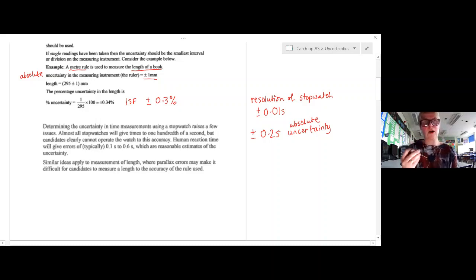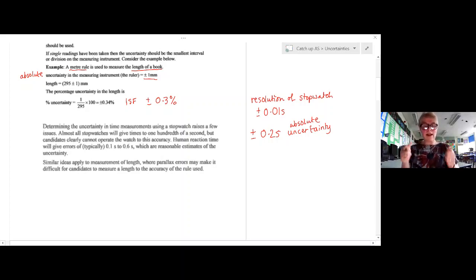But that is if you have just one reading. It gets a little bit more complicated if you have repeated readings, and you should argue, really, if you're taking any measurements with a timer, that you should be repeating those readings, because it probably won't be the same every time.